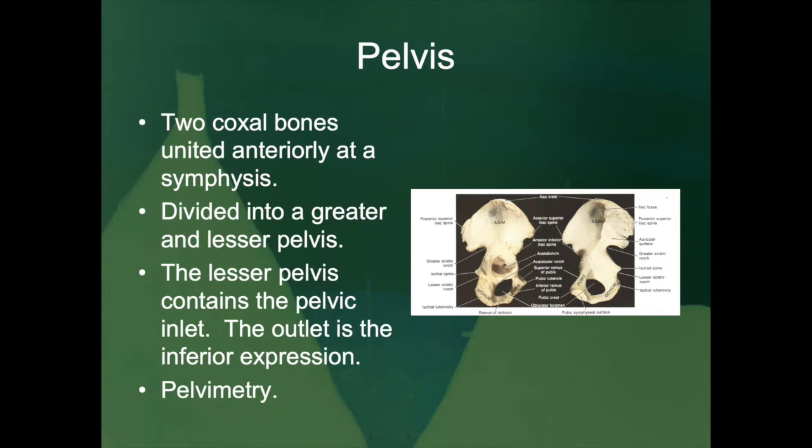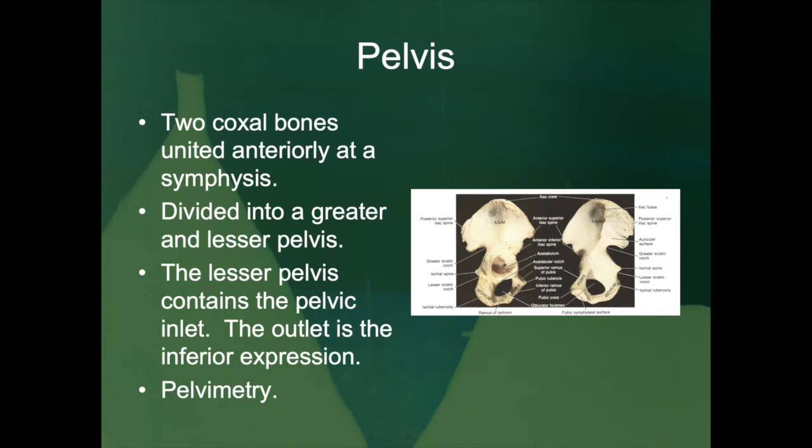Together with the sacrum and the coccyx, the two coxal bones of the pelvic girdle form the baseline structure for the pelvis itself. Now, the pelvis is divided into a greater and lesser expression by an oblique plane that passes through the sacral promontory, that portion of the fully fused sacrum that is again most superior.